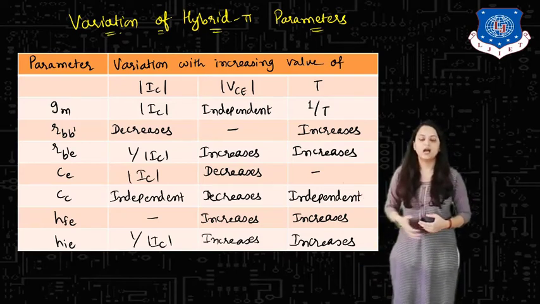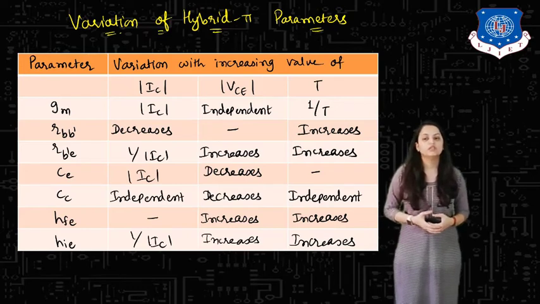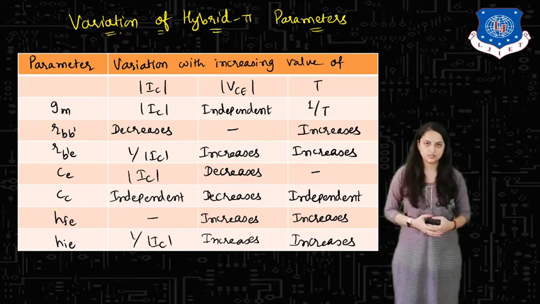So next is R B'E. With that, it decreases with IC, no effect of VCE, and it increases with temperature. Next parameter is R B'B. So there will be 1 by IC, VCE increases, and temperature also increases.